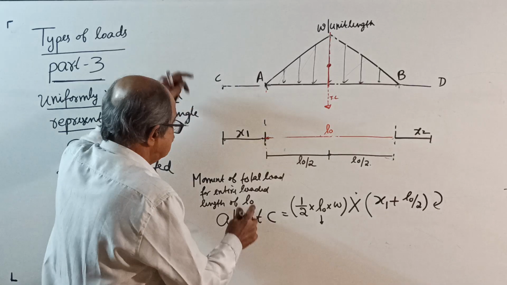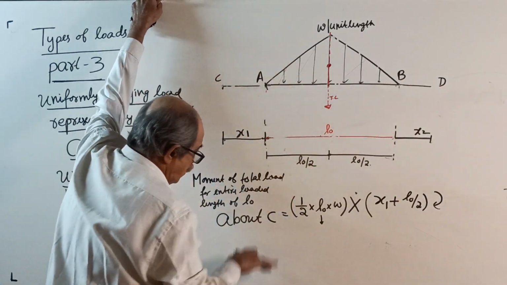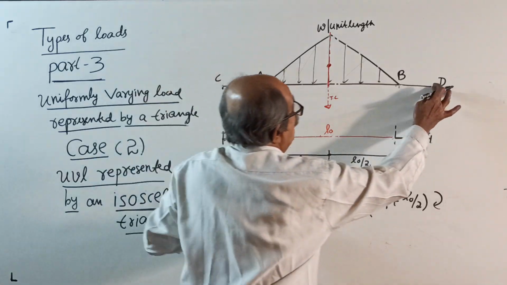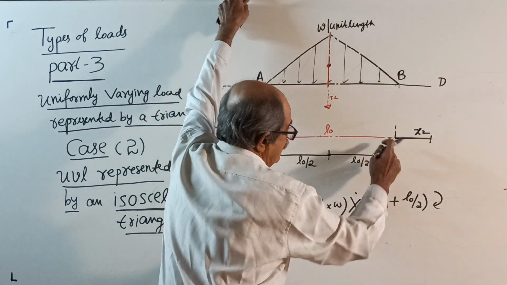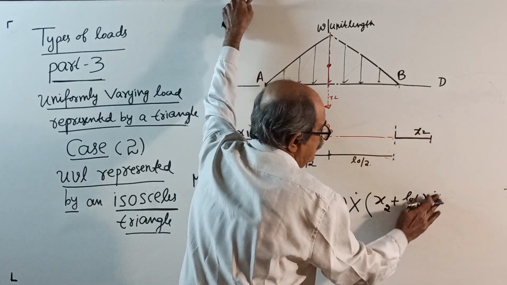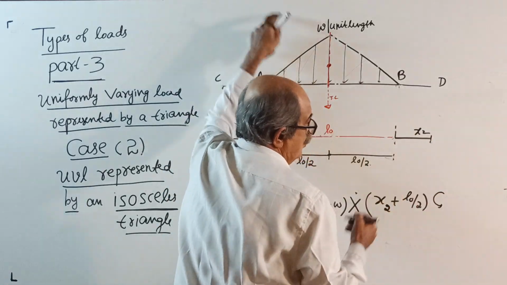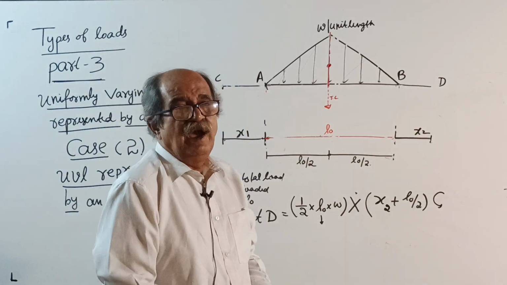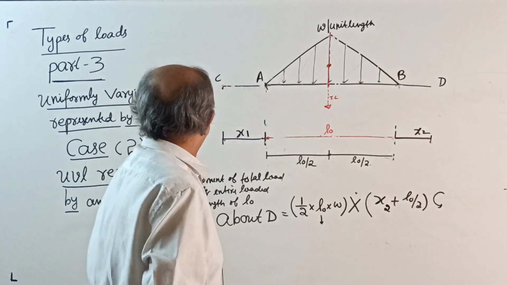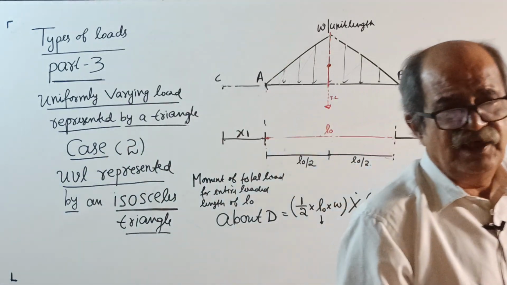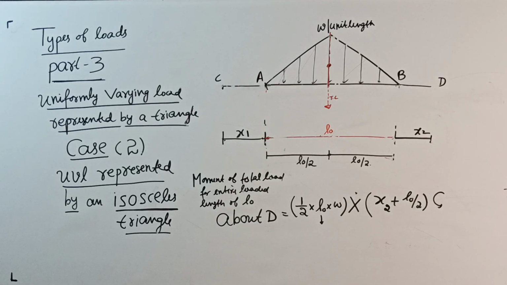Lastly, moment about D: same load into X2 plus L naught by 2, this time anti-clockwise. Very, very simple. Now I will go to the numerical example, then this class will be over. Very short class.